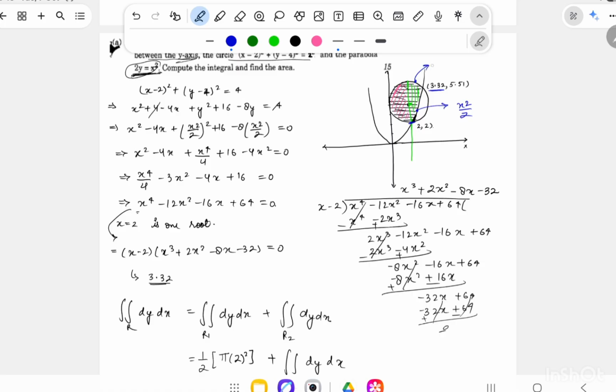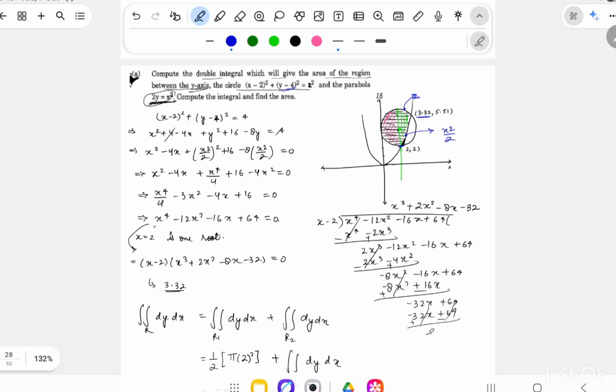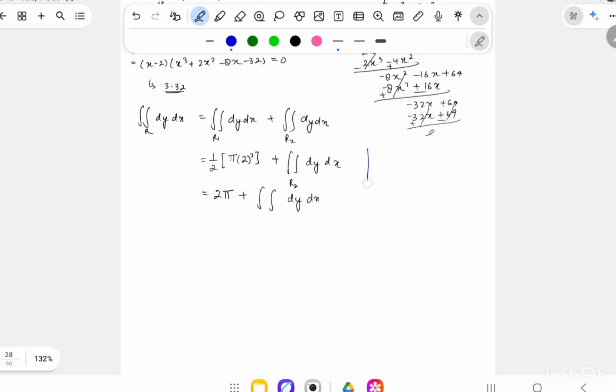So I need to evaluate y in terms of x using the equation of the circle. That will be (y minus 4) square equals 4 minus (x minus 2) square, and from here I will get my y as 4 plus minus under root 4 minus (x minus 2) square. But we are in the first quadrant, so we'll take only its positive value.